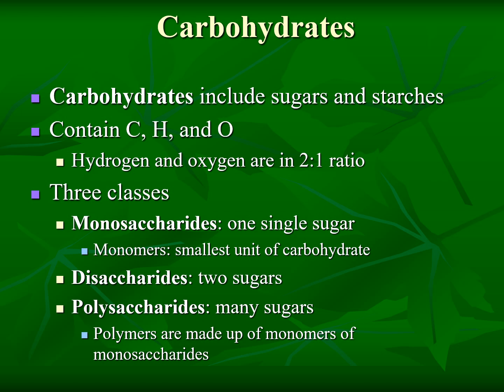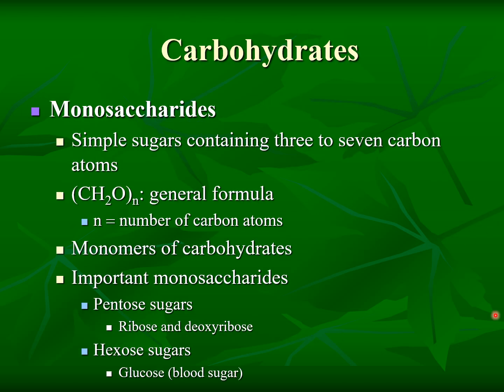There are different classes of them: monosaccharides, disaccharides, and polysaccharides. Monosaccharides are just one simple sugar. They're the smallest unit, or the building block, of carbohydrates. Disaccharides are when you have 2 of these monomers connected together, and a polysaccharide just means you have a bunch of them.